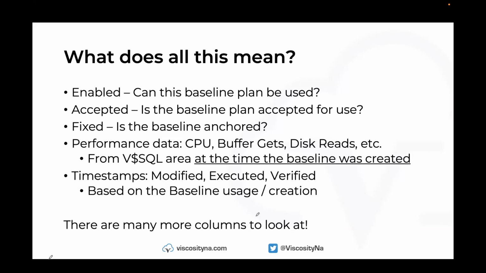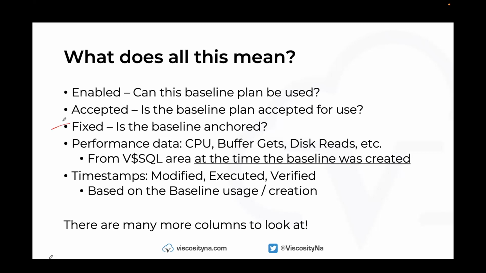Then it's accepted. So there are two different switches you can manipulate. Enabled is more like: I want to disable this baseline but keep the information about it, maybe see what else happens, and then I could re-enable it. Accepted is: I've tested this baseline, I know it's fast, so I want it accepted, versus no, it's not accepted, I haven't tested it yet, I don't know if it's good.